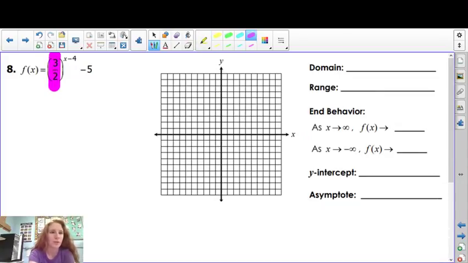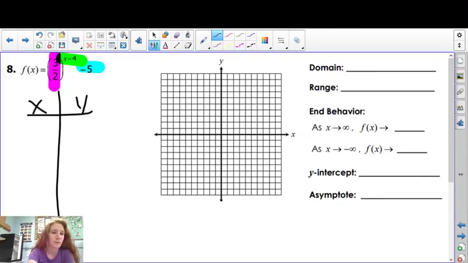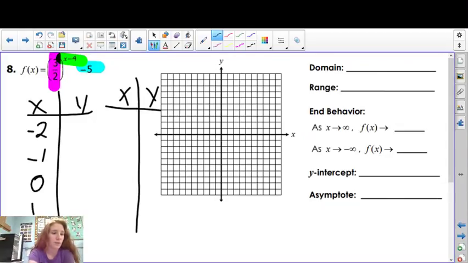So my base is 3/2. I have some changes in my x, some changes in my y's, but I don't have a multiplier. So I need -2, -1, 0, 1, and 2. Remember, fractions are just division problems surrounded by parentheses.